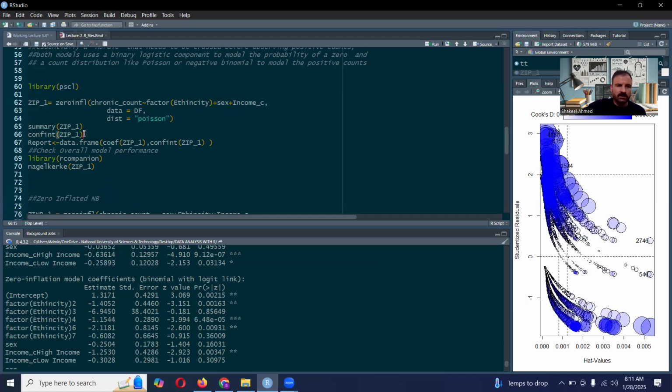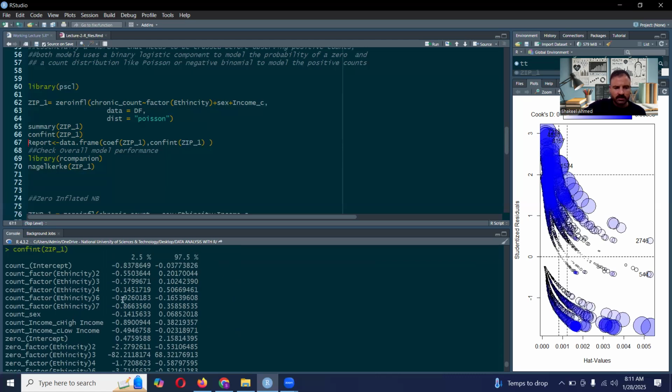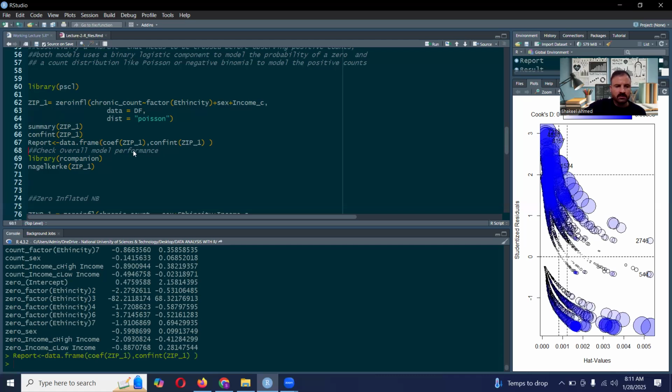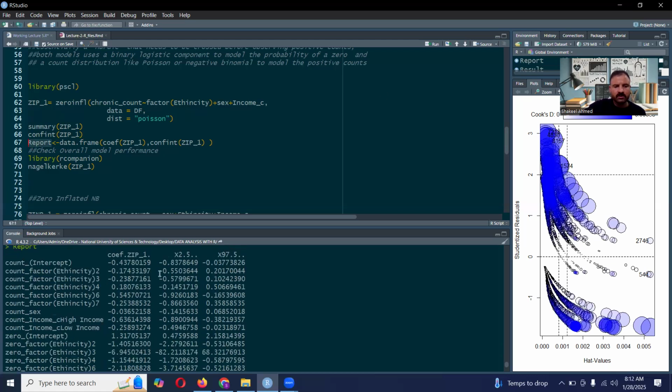So you can see the confidence interval for all coefficients for the Poisson model as well as for the zero inflated model. And we can report the results like this: estimates and coefficients and then their standard errors.